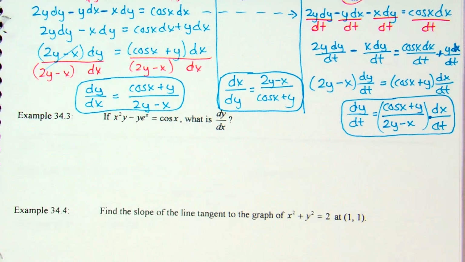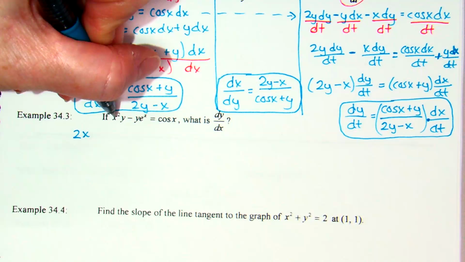How do I do the derivative of x squared y? Product rule. So derivative of x squared, keep the y. Derivative of x squared is 2x and dx, right? We're going to keep the y. So you can write it as 2x dx y, or what I'd like to do is 2xy dx.